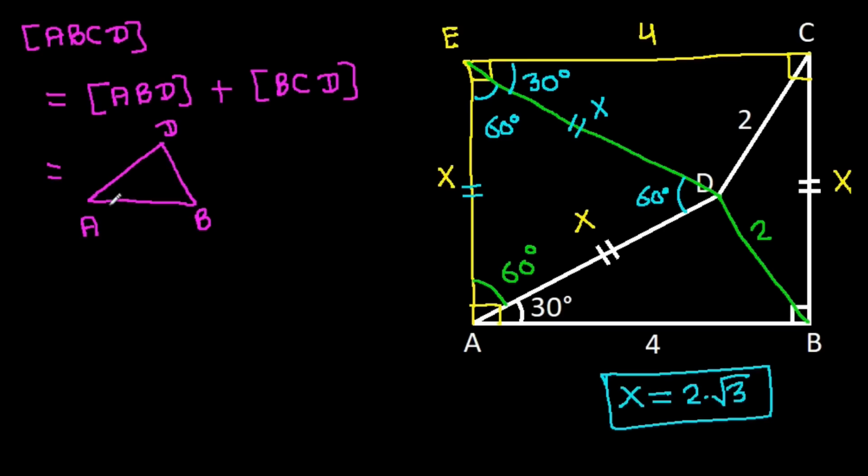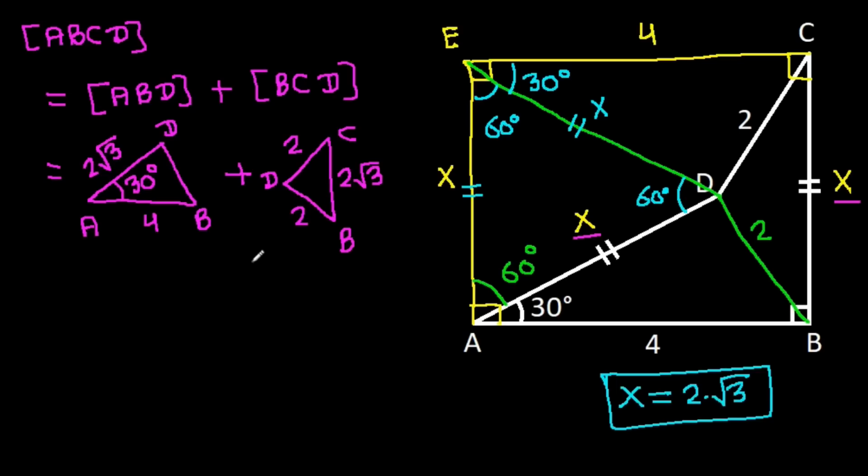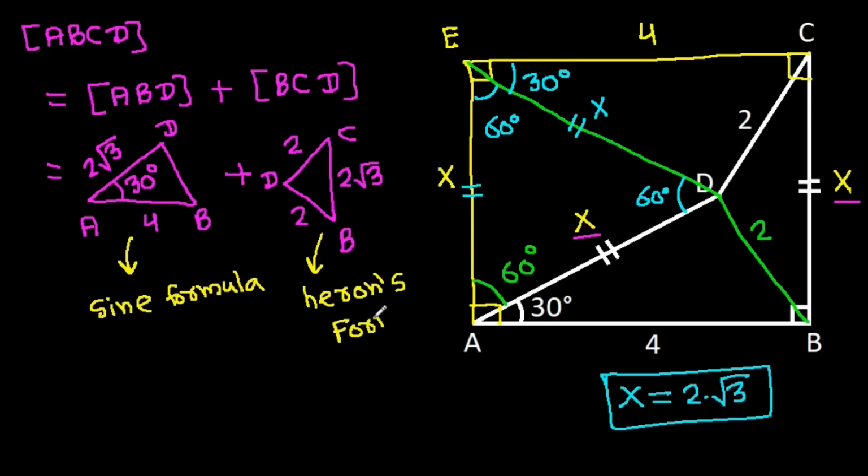In ABD, AB is 4, AD is x, that is 2 times square root of 3, and this angle is 30 degrees, plus in BCD, BC is x, that is 2 times square root of 3, and CD is 2, BD is 2, and we can find this area by the sine formula, and this area by Heron's formula.